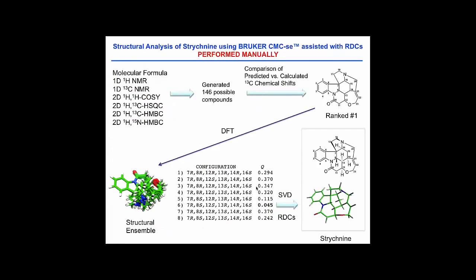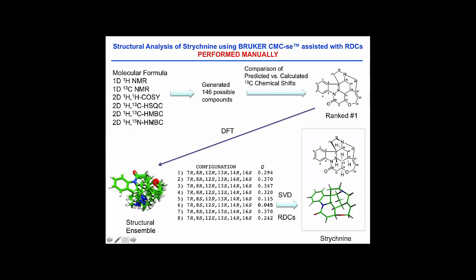And here is something that is really nice. We used the Bruker CMC-SE software, and we performed this analysis manually, and then we fed the software with a set. You can use any structural elucidation software, because any case-based software nowadays will give you your 2D structure, so it's been the constitution.